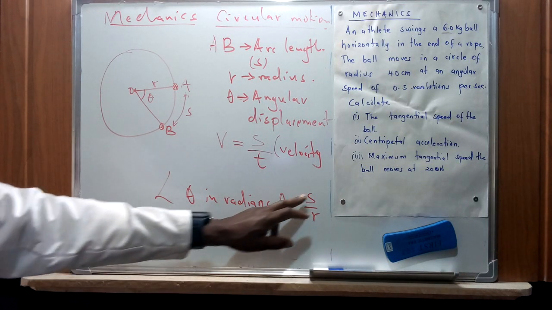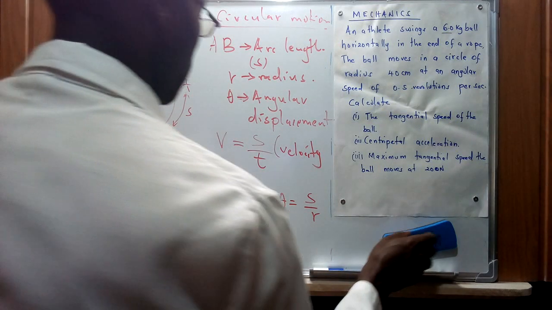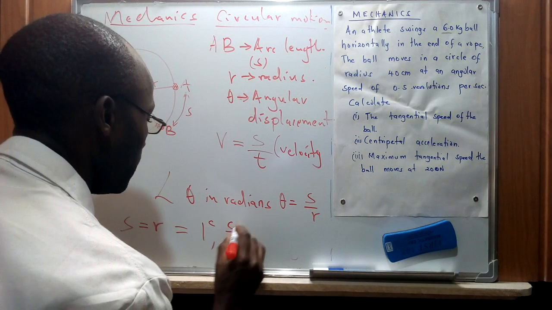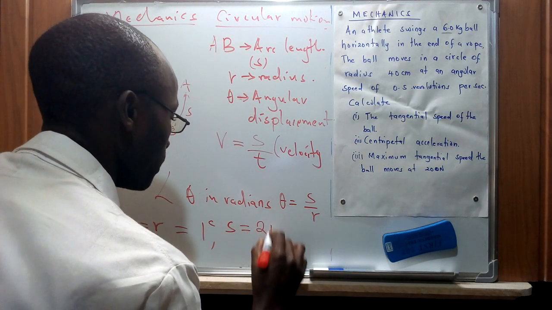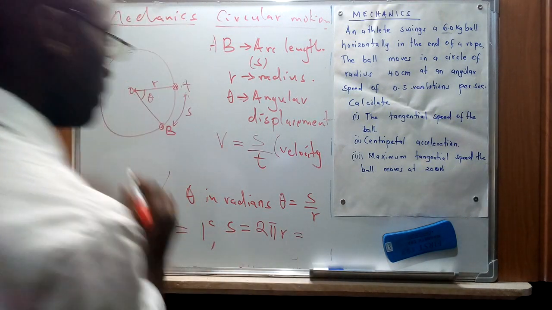The displacement S over R, that is theta, is given as 1 radian. Of course, if the displacement S equals the circumference, which is 2 pi r, this will have taken that angular displacement.